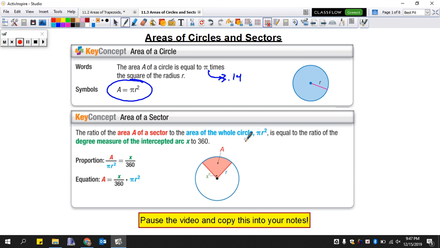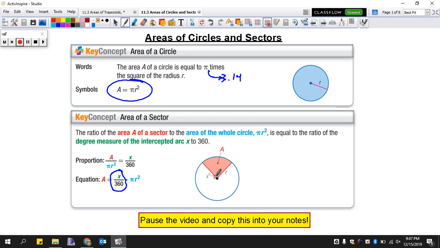So basically, the area of the sector is equal to x, which is your degree measure here, over 360 times the area of the circle. This part right here is the part that you probably are not familiar with at this point.